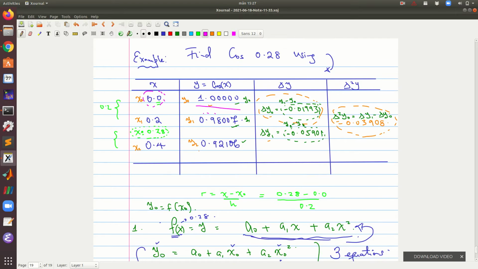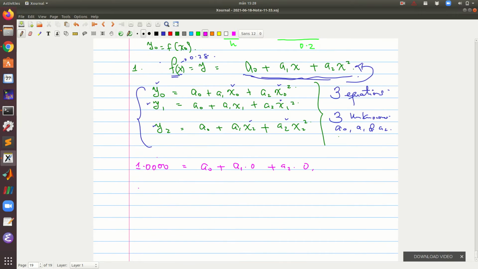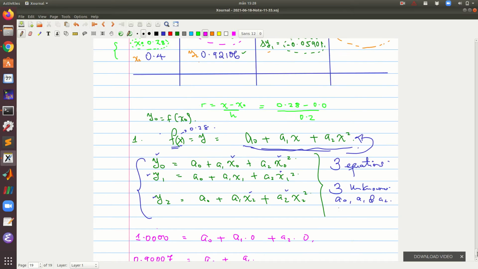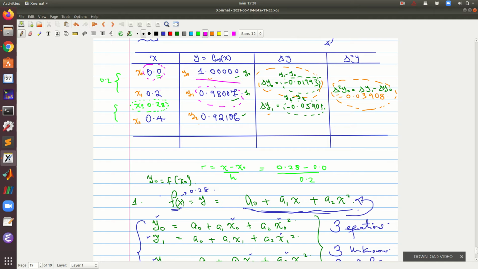So the next one is y1. y1 is 0.98007. 0.98007 equals a naught plus a1 times x, and the value of x is 0.2.